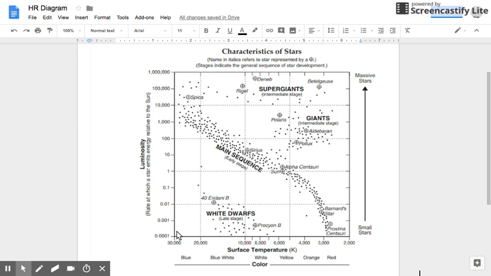And what is the relationship between temperature and color? So what I want you to do is answer those questions on the recall portion of the Google form and submit it. Don't forget to put your name at the top, and you can pause right here and then we'll move on.